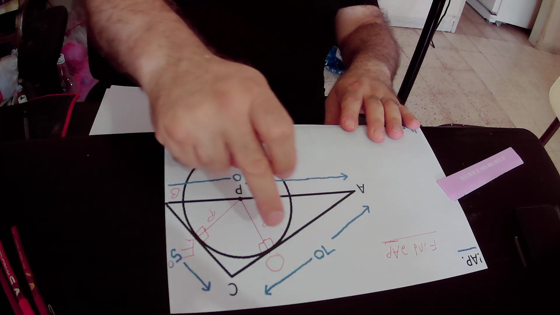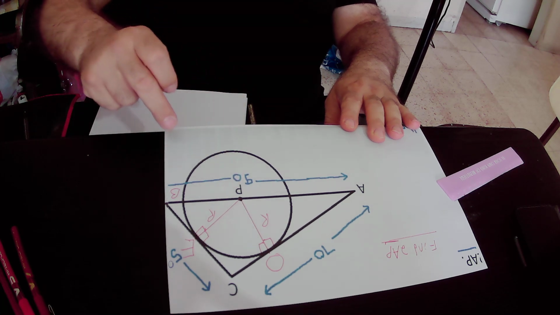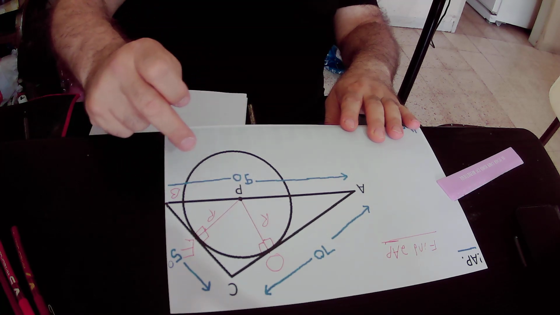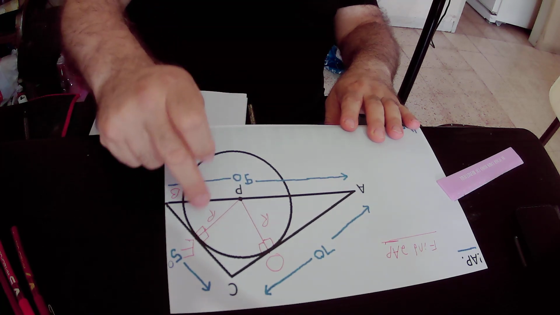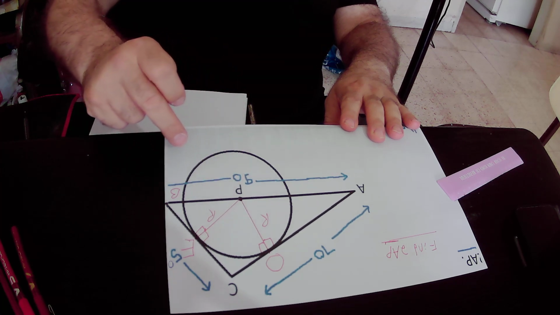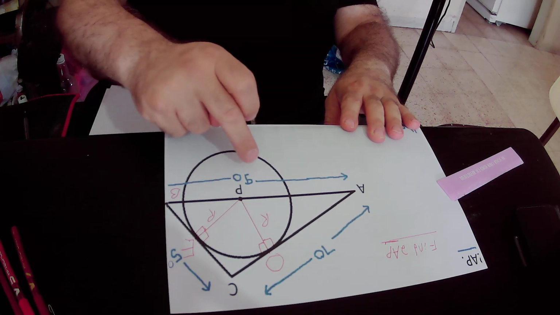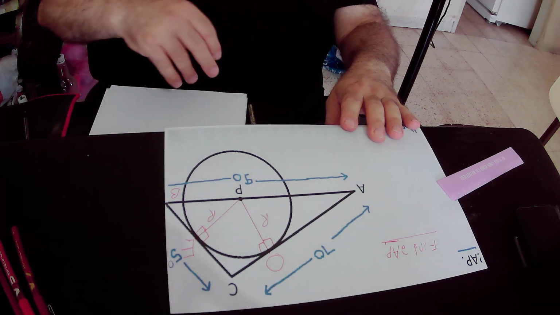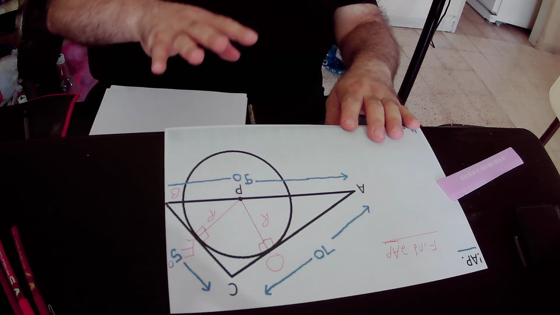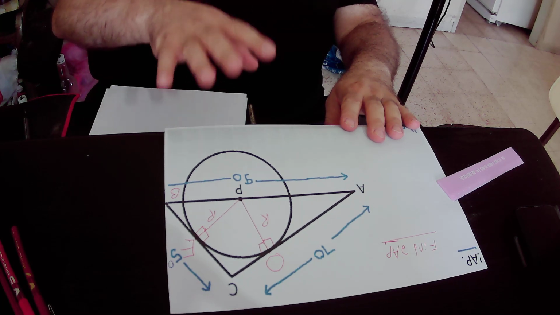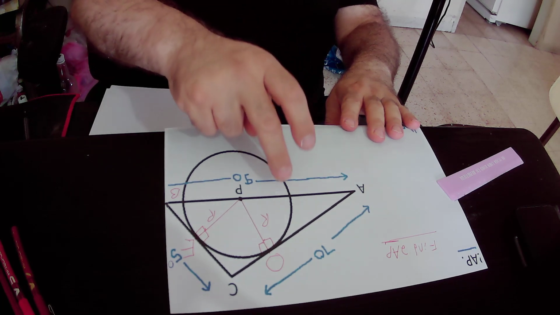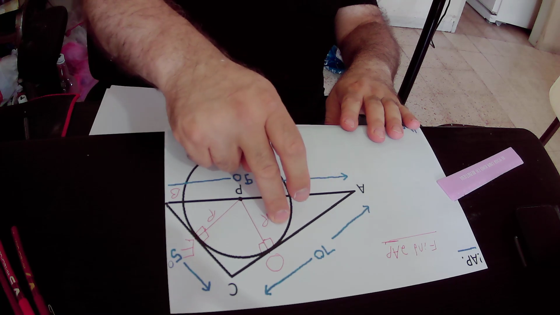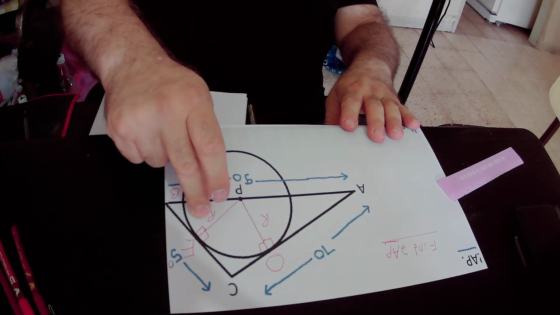Triangle BEP is also a right triangle because angle PEB equals 90 degrees. So we actually created two right triangles. This is a right triangle, and also this is a right triangle.